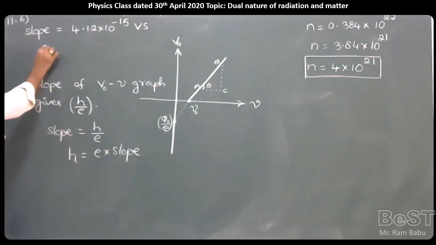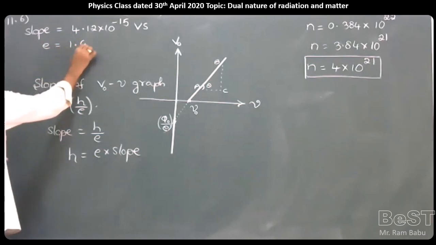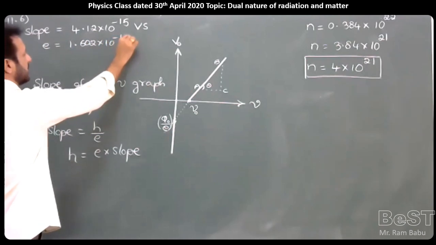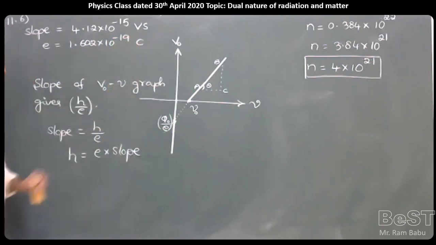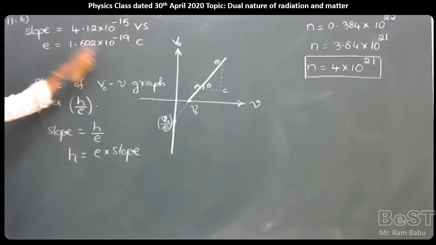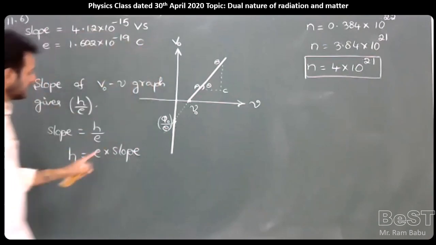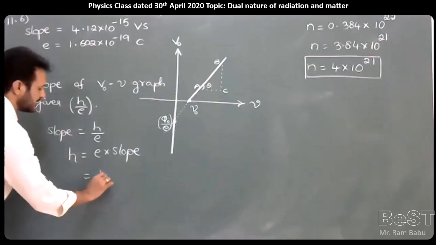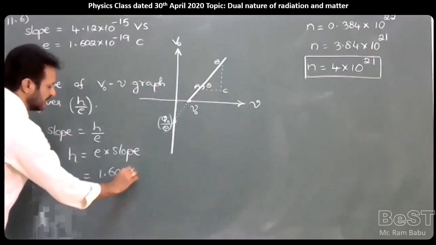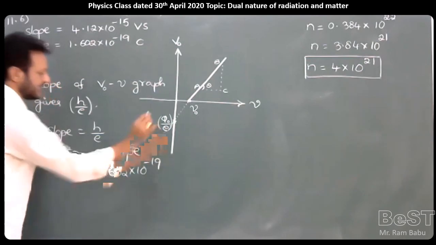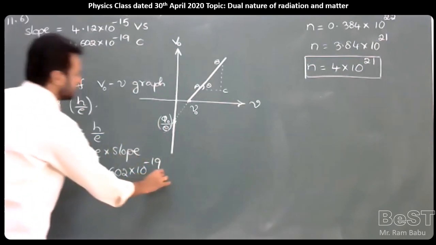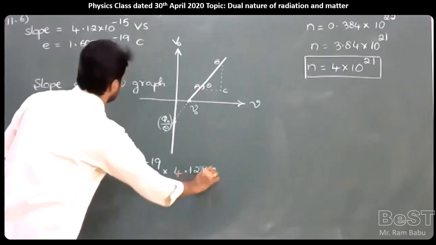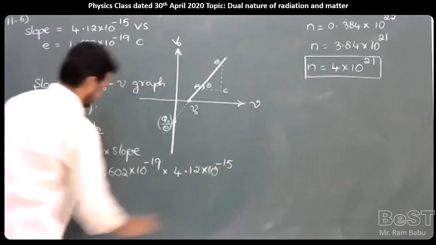Here e we already know, charge of electron is 1.602 or 1.6 into 10 to the power of minus 19 coulomb. The slope is already given in the question. By multiplying both we need to calculate Planck's constant. Now multiply 1.602 into 10 to the power of minus 19 into the given slope 4.12 into 10 to the power of minus 15.